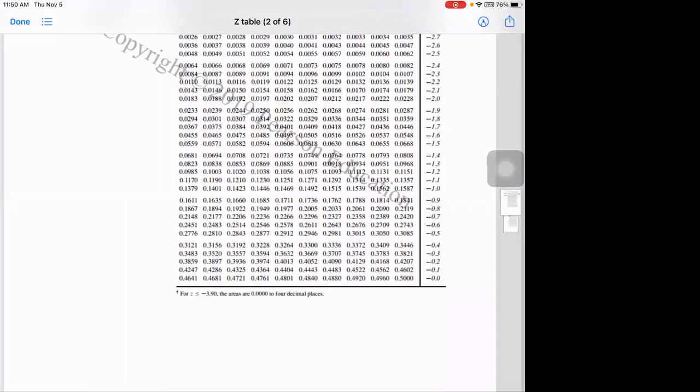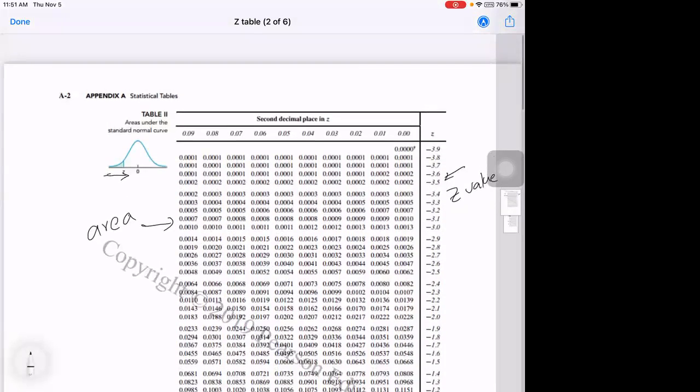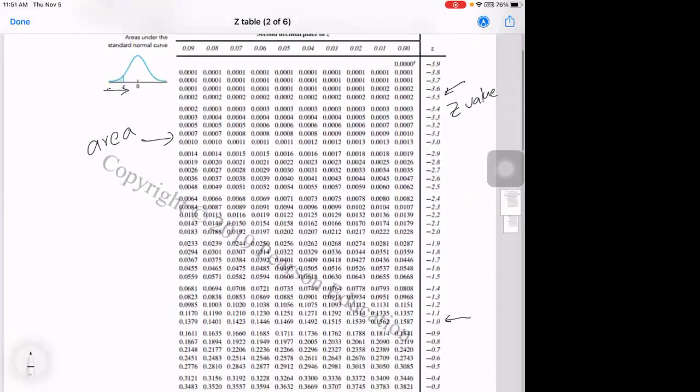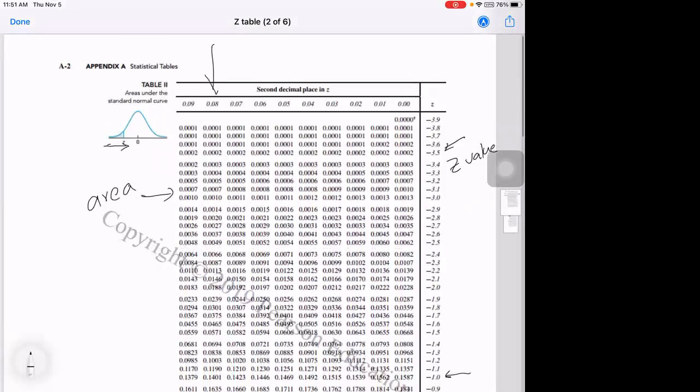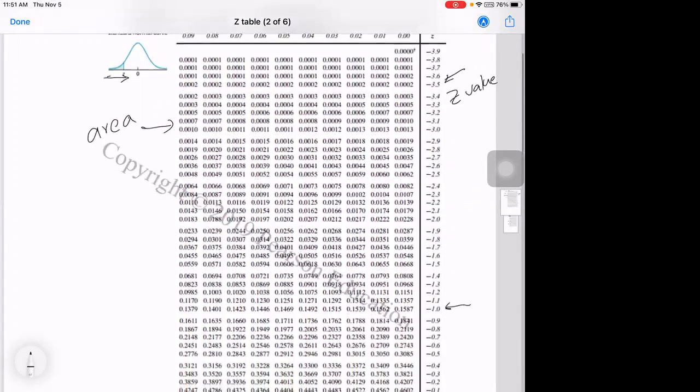So negative 1, not 0, negative 1. It is there, see this row, negative 1.08. Where is 08? See this column. Go down this column and you can find the value.